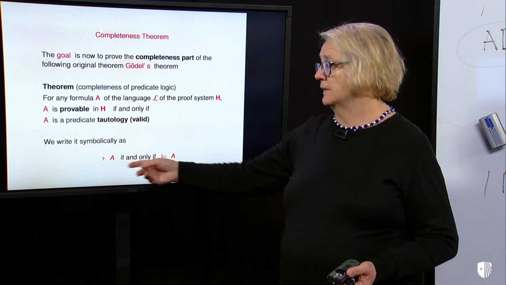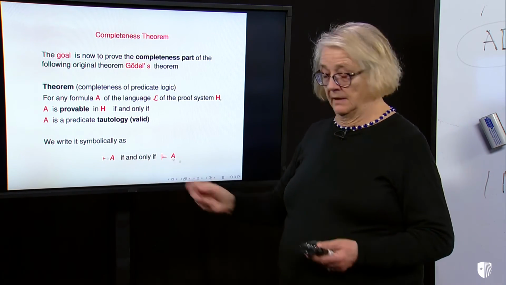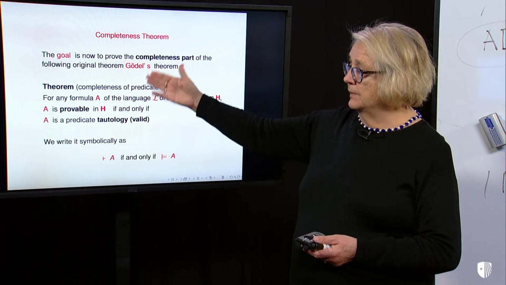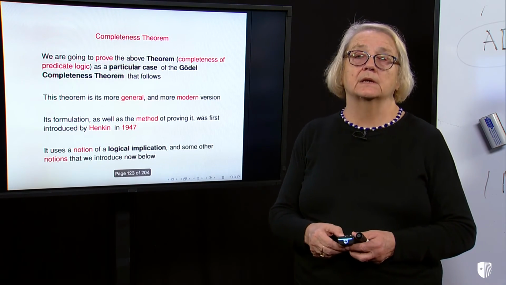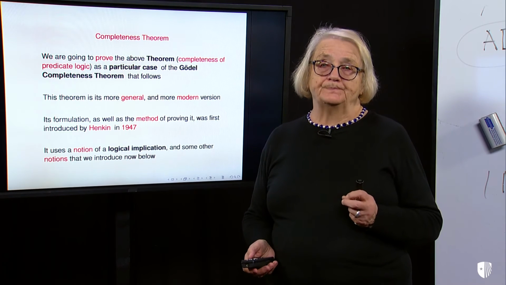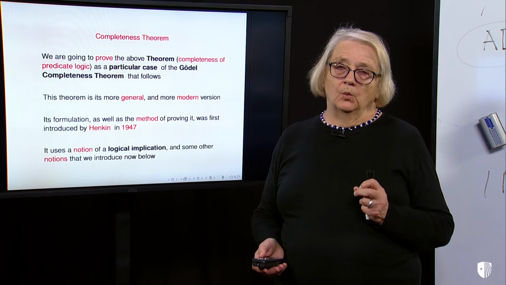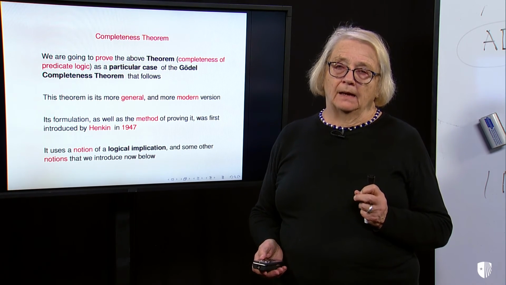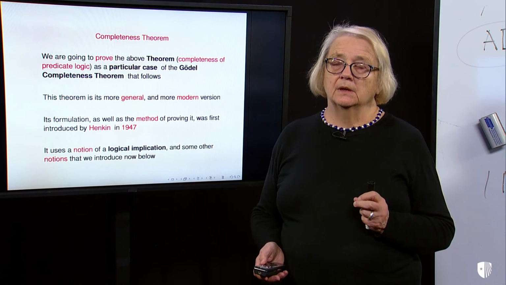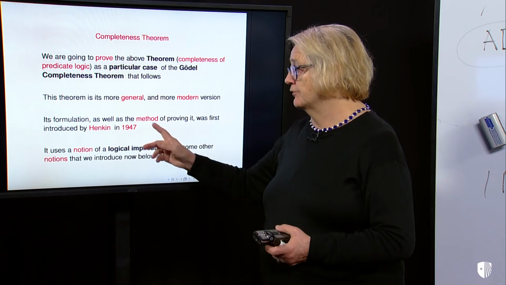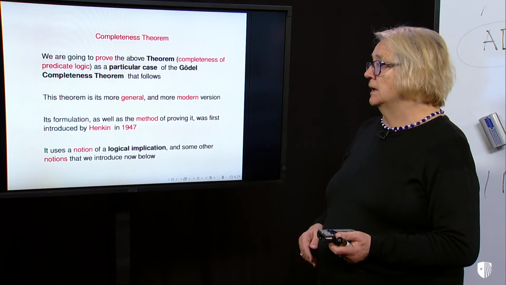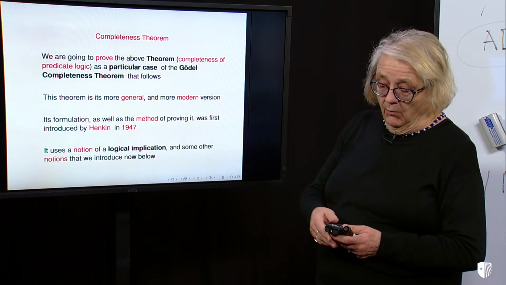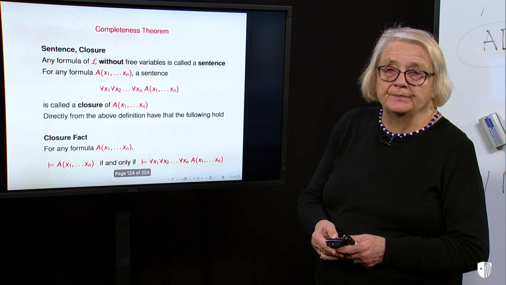It means valid, which we write as a proof. And tautology, now that we are in predicate language, means predicate tautology. We prove it by using the Henkin method, in a more modern and better version.